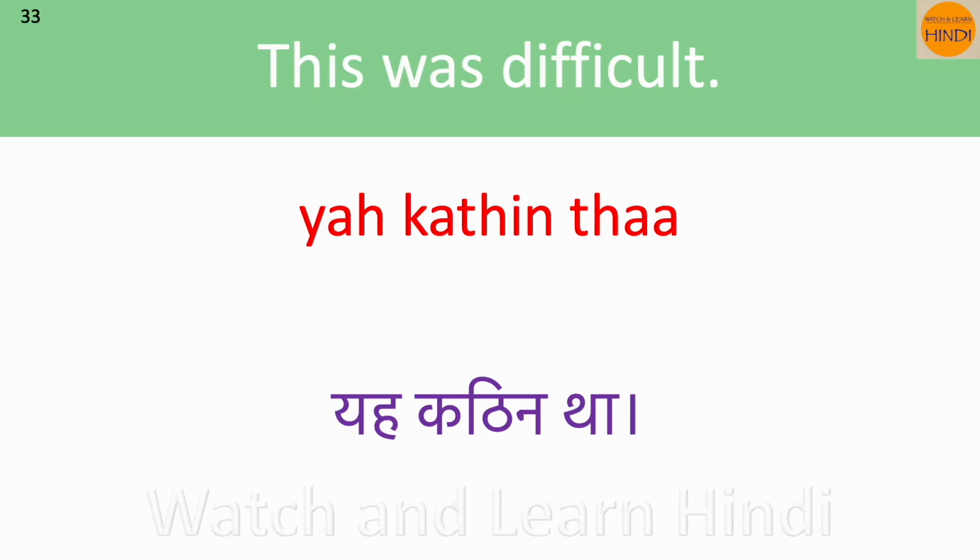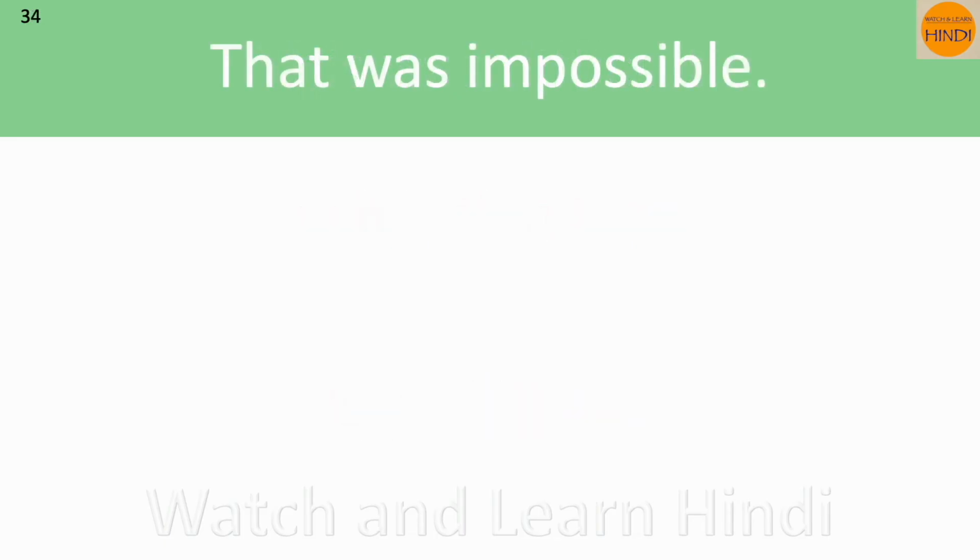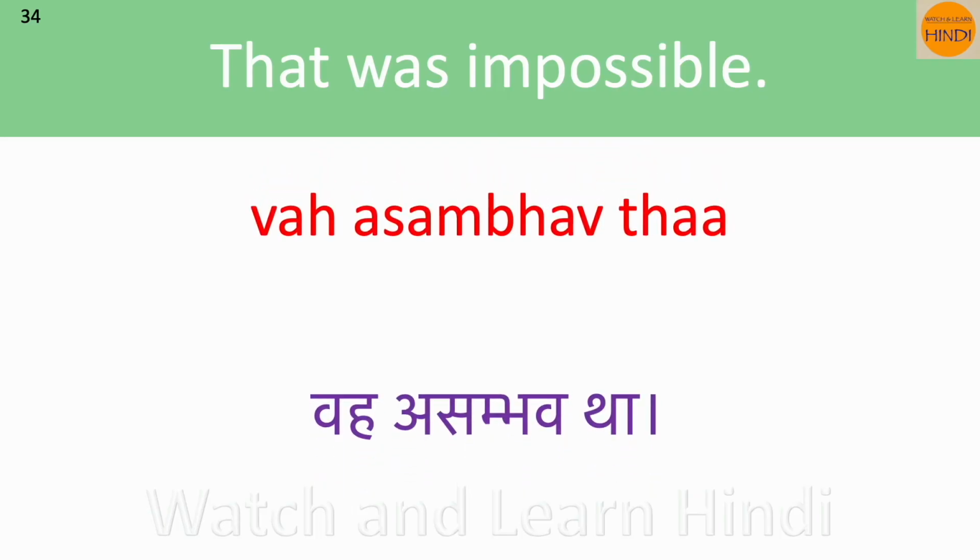This was difficult. That was impossible. वह असंभव था. As you know by now, वह is that. असंभव is impossible. वह असंभव था. That was impossible.